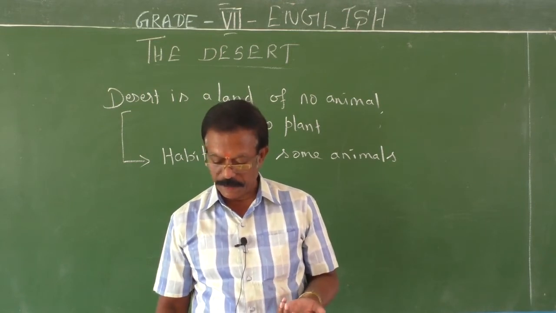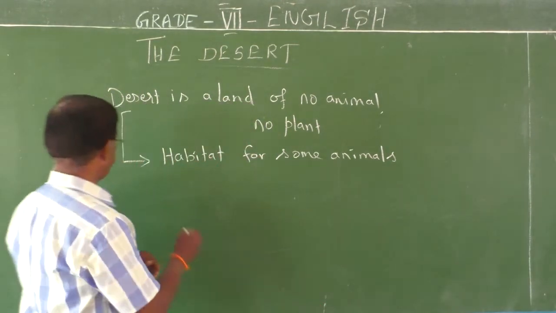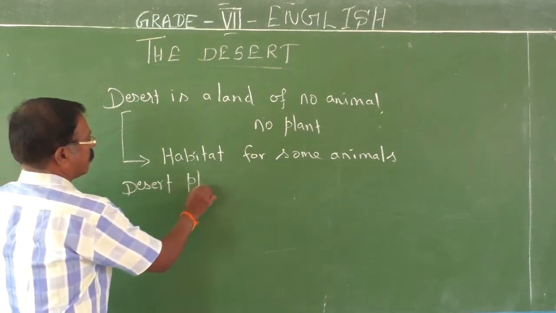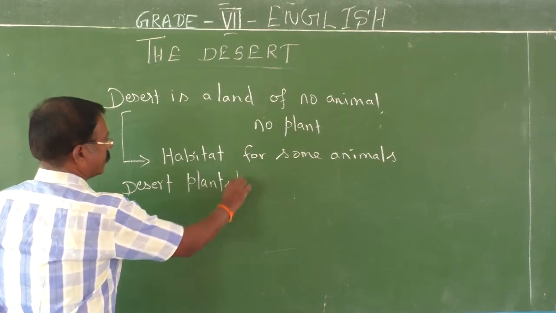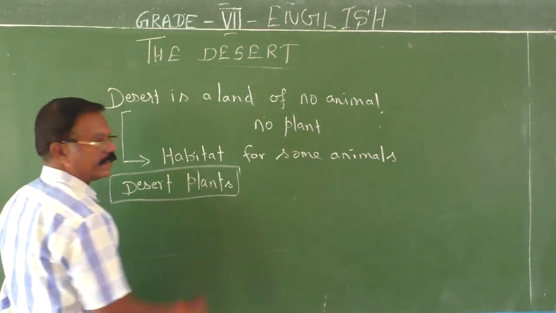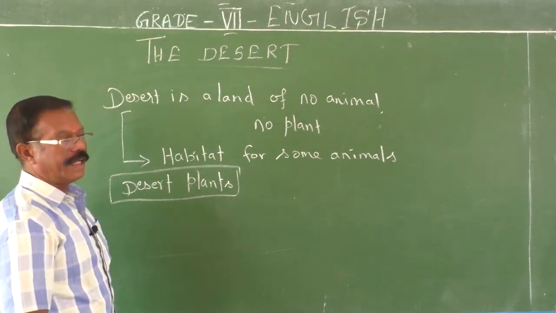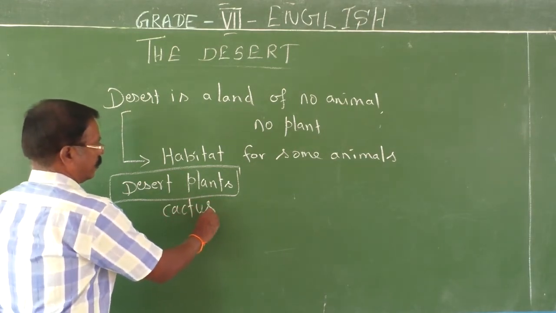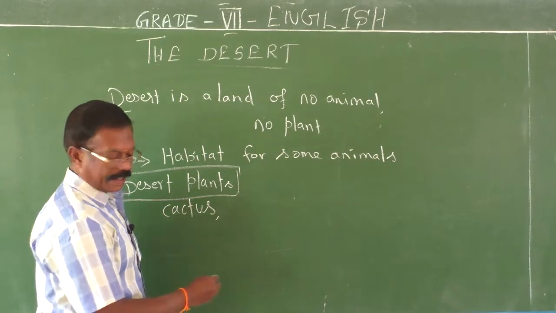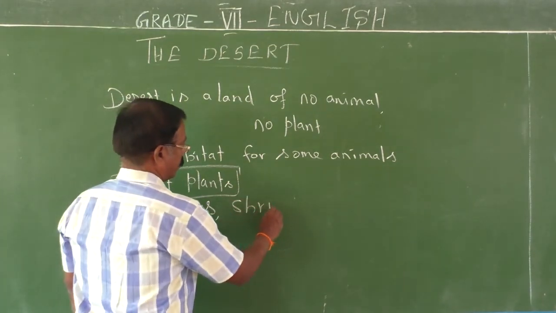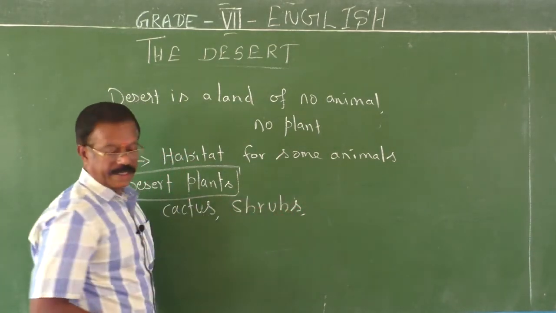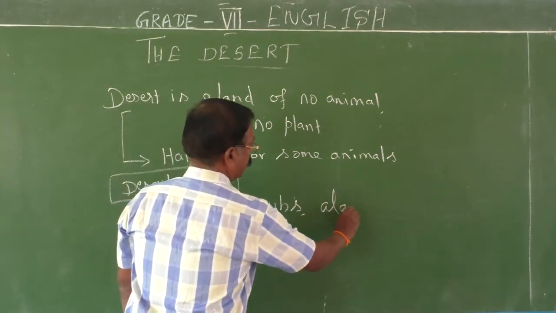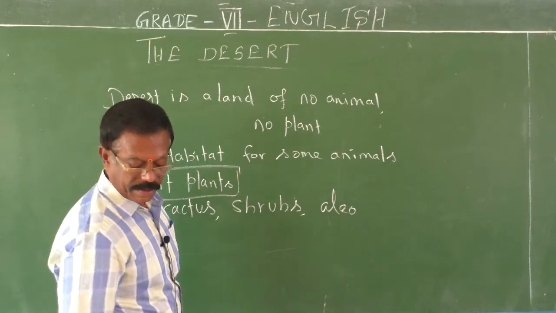See the desert plants. What plants are generally found in the desert? I'll give you a list of desert plants: cactus, shrubs, and aloe vera.